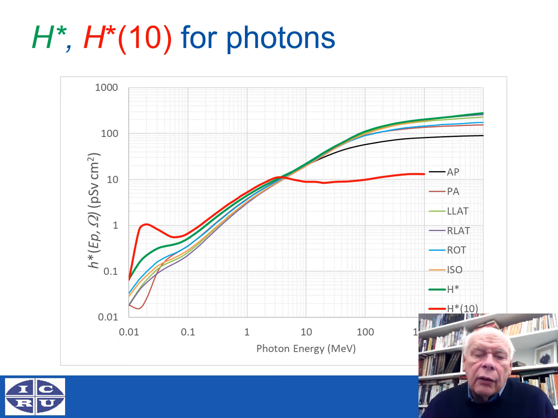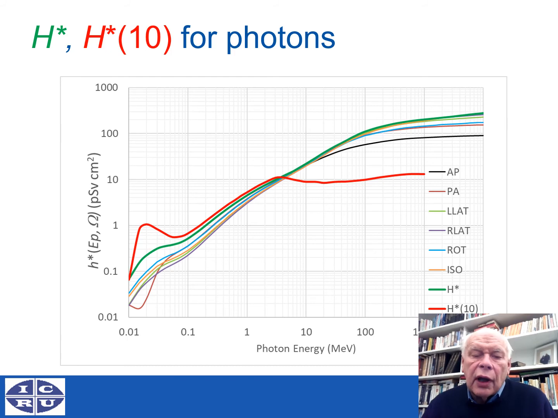Here I'll show you an example of the results. Like in the earlier slide, here is a curve given for photons as a function of energy, the curves for effective dose for AP and ISO irradiation.